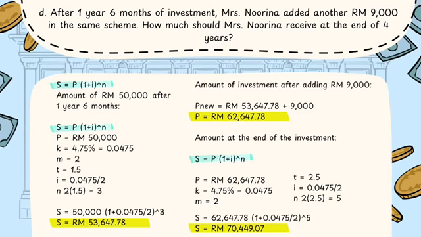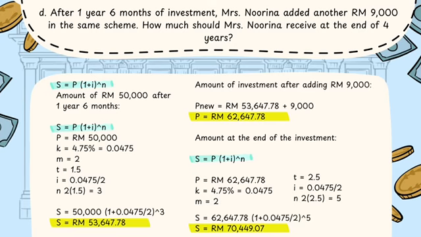After that, she added 9,000 ringgit more to her investment, making it 53,647 ringgit 78 cents plus 9,000 ringgit equals 62,647 ringgit 78 cents. Then she continued the investment for another 2.5 years.